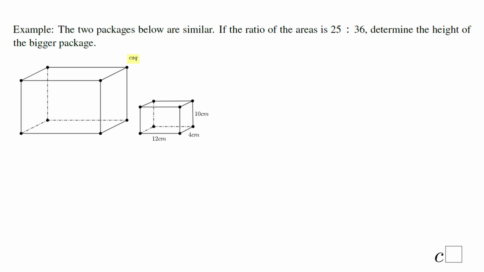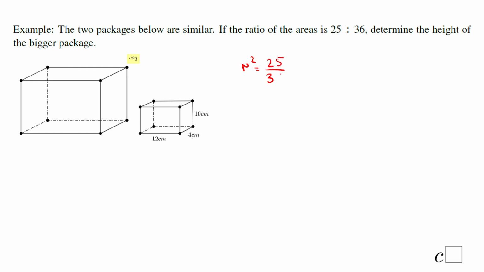Okay, so you notice these two rectangular prisms have a ratio of the areas of 25/36. What is that? That is r squared. 25/36.